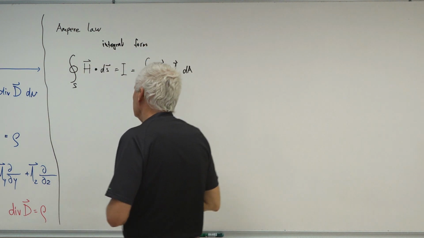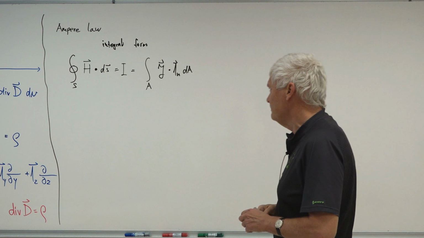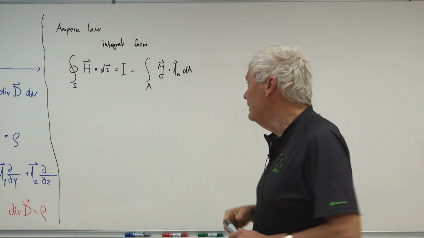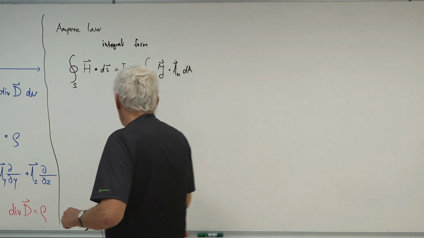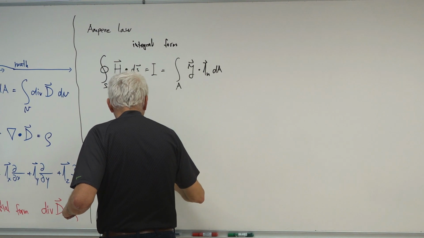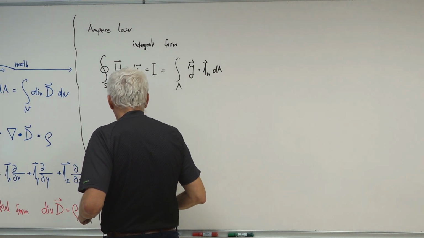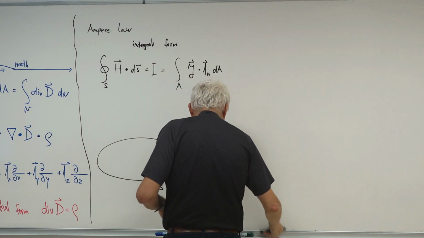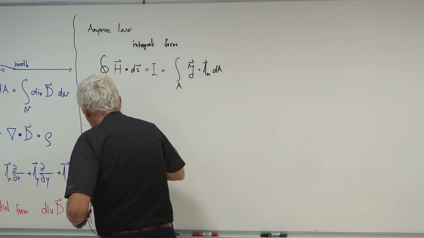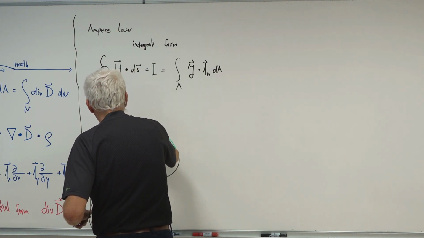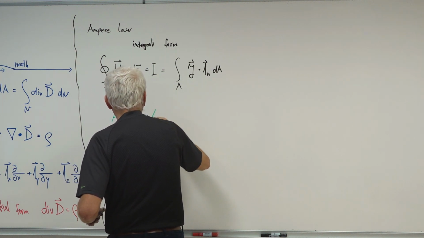This integral form suffers from many problems. Thinking about relativity, our loop S has finite dimensions, and on this loop S we put a surface A. This surface A has a normal n.